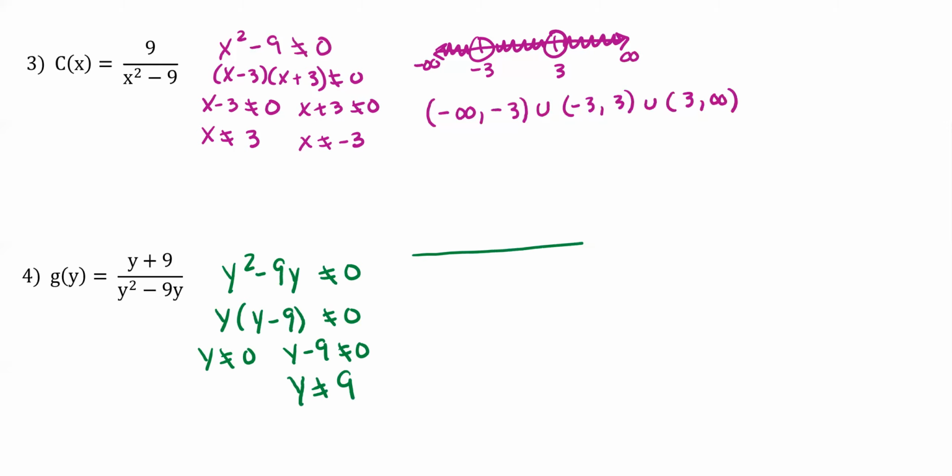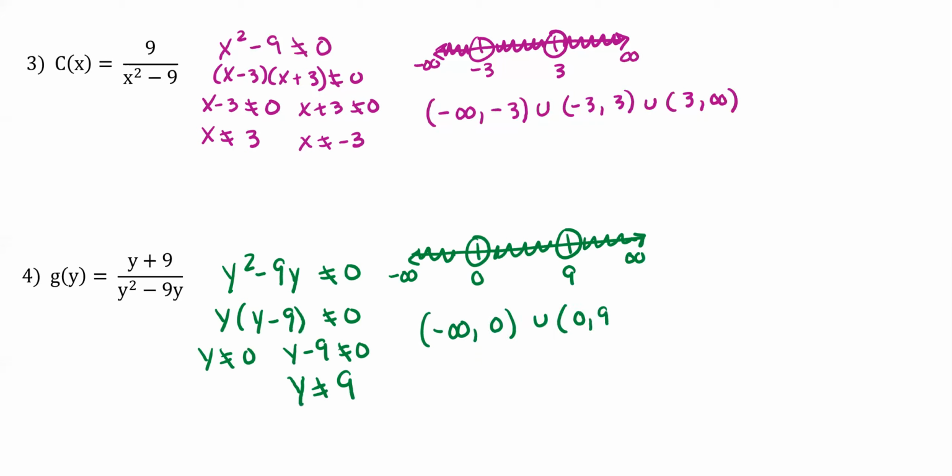The number line just helps me write the interval. So I can have everything on the number line except 0 and 9. So my interval is from negative infinity to 0, not including 0 or 9. And again, it's a 3-part interval.